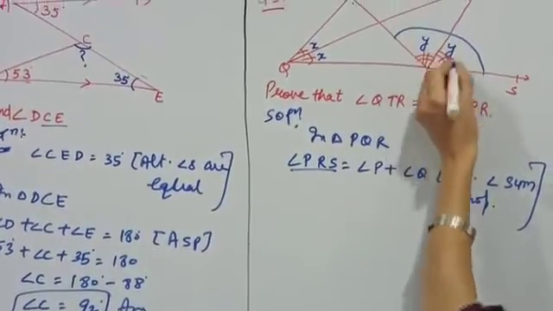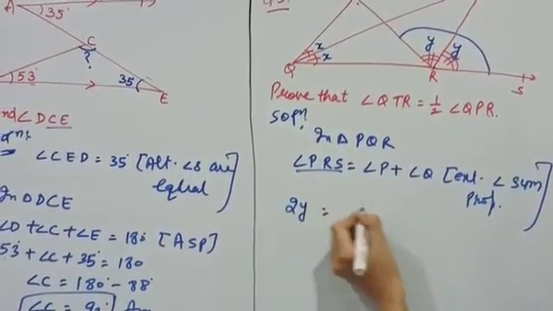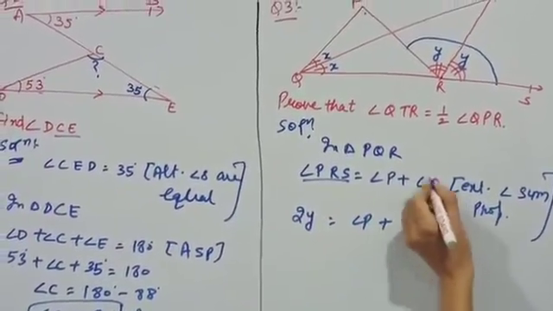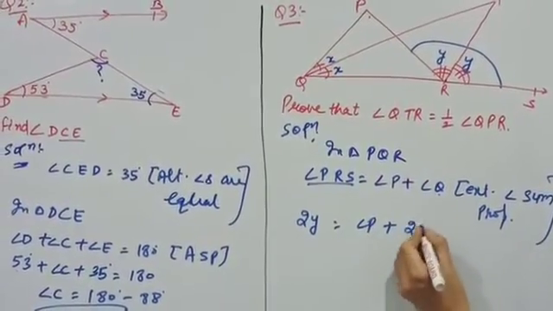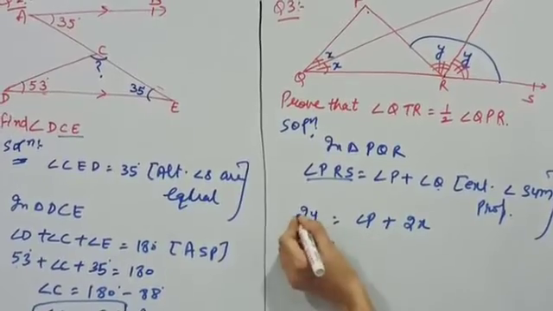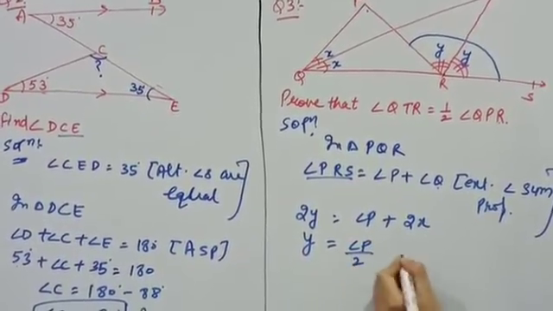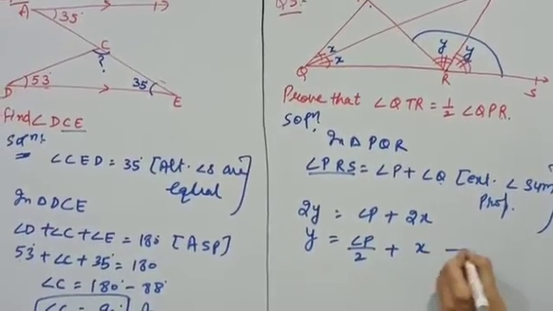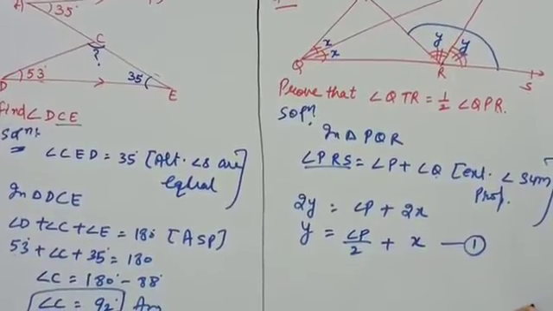This full angle y plus y makes 2y, which is equal to angle P and angle Q, which is 2 times x. So we can write y equals angle P divided by 2 plus x. This is the first equation we formed.